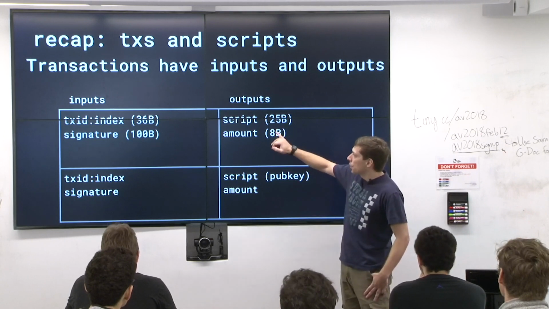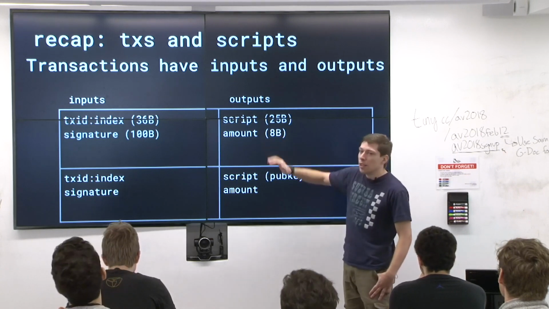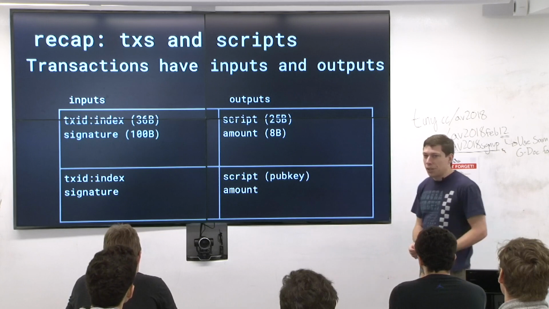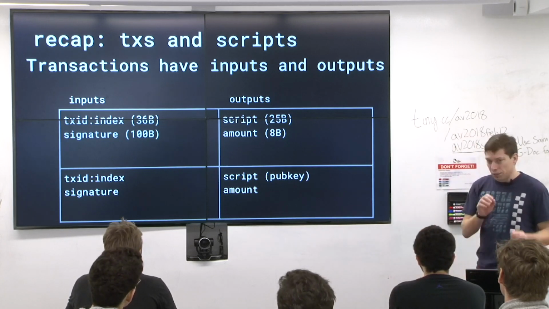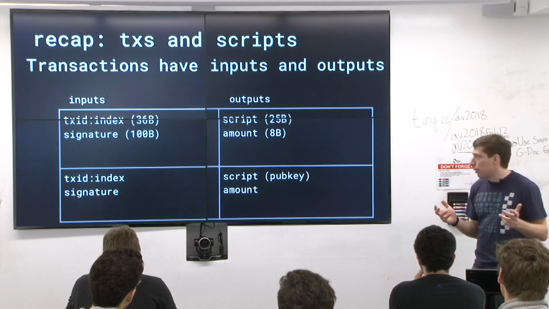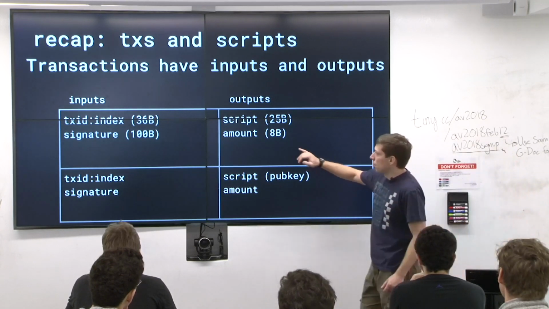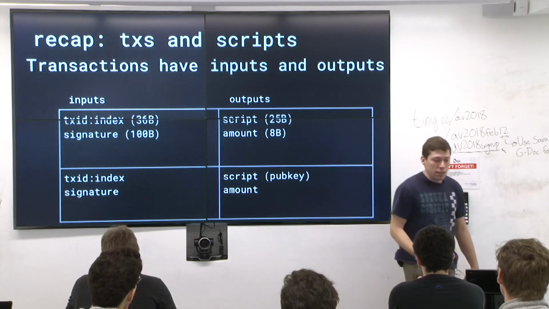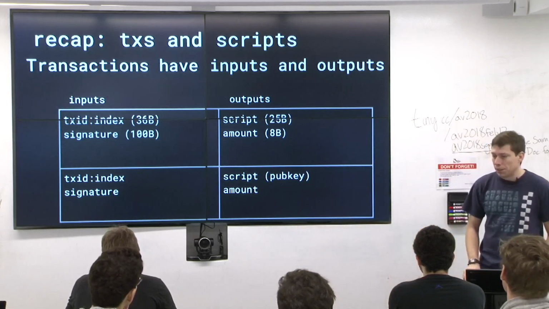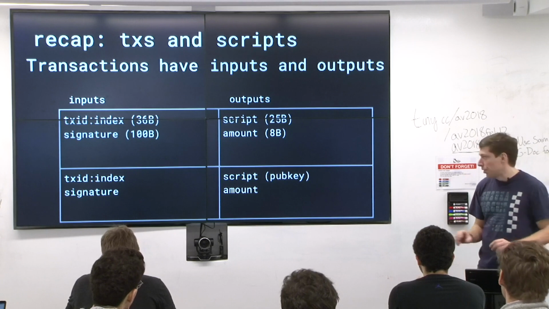And the output is actually a lot smaller, right? An output, the script, the main thing is your public key hash, which in Bitcoin is 20 bytes. And then you have those other little opcodes, which adds a few bytes. And then your amount, which is, so all amounts in Bitcoin are encoded as 8-byte signed 64-bit integers. So you can have pretty high precision.